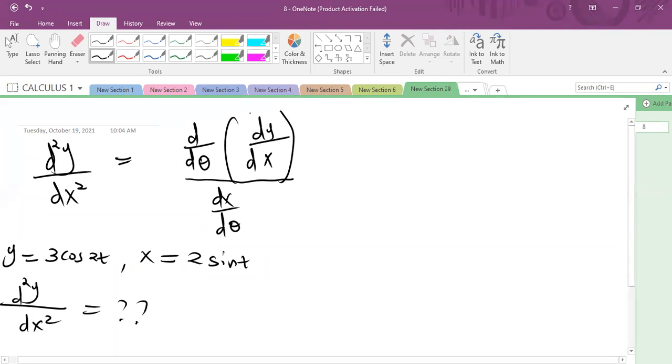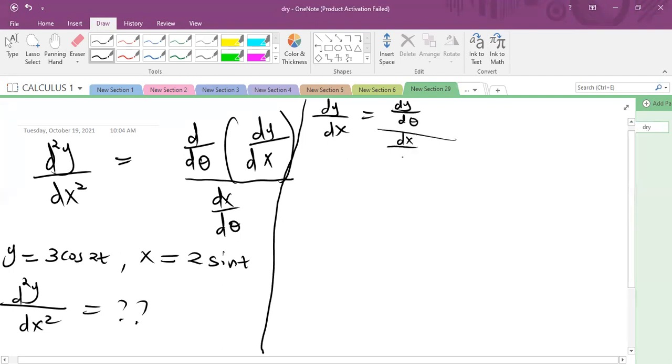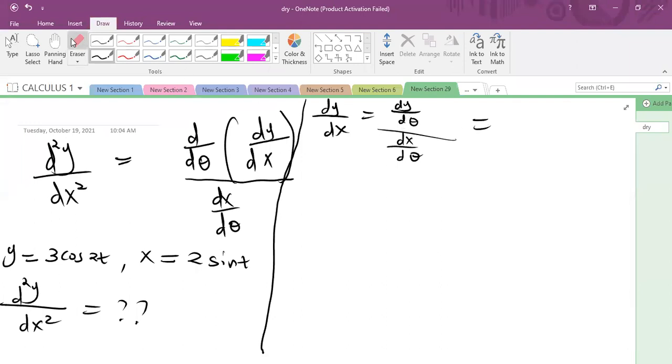First of all, we're going to get dy/dx, and remember how to get dy/dx of a parametric equation. dy/dx will be equal to dy/dθ, all divided by dx/dθ. What is that going to give? It's not θ, guys. It's with respect to t.